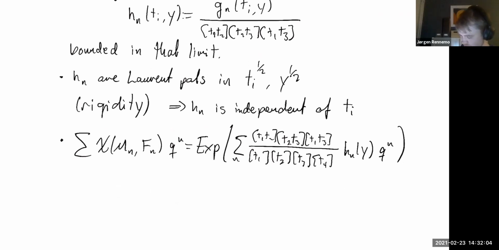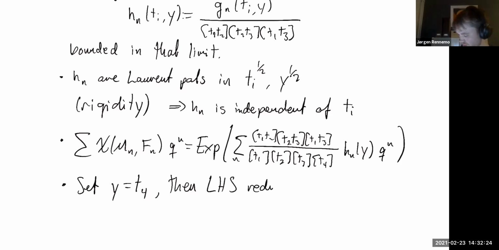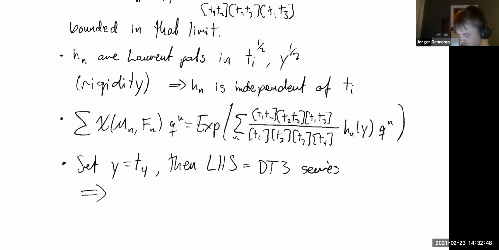Okay, but now the final trick, which made us surprised that it turned out to be this simple: if we now set y equal to t4, then the left-hand side, one can check, equals the DT3 series computed in the previous lecture. That determines h_n.